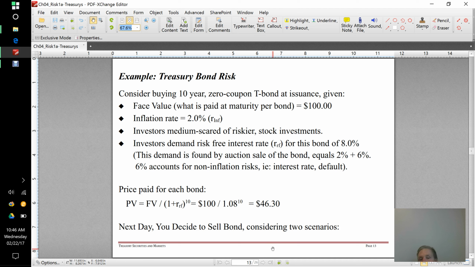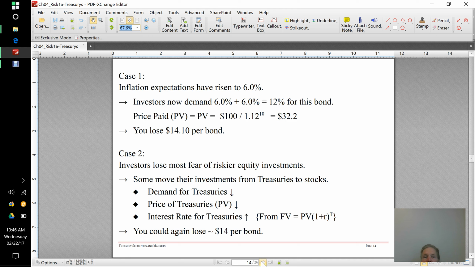Okay, so you buy some of these bonds. Let's say you buy one that has 100 face value. You pay 46.30 for it, and for some reason the next day you decide you just have to sell the bond. And let's consider two scenarios. Scenario one is that inflation expectations overnight have risen to 6%.